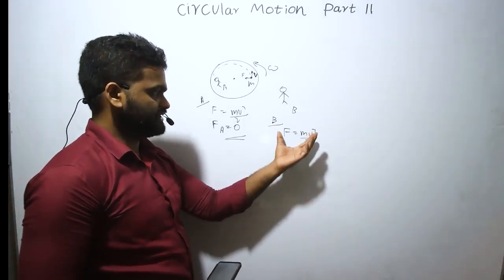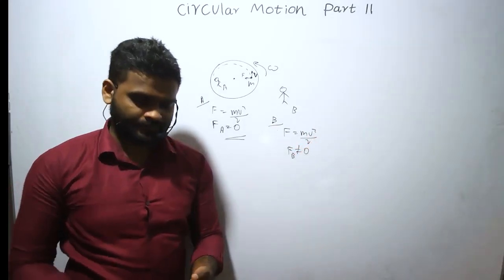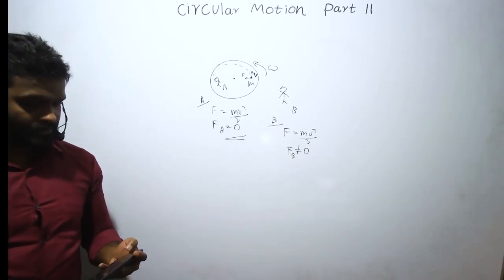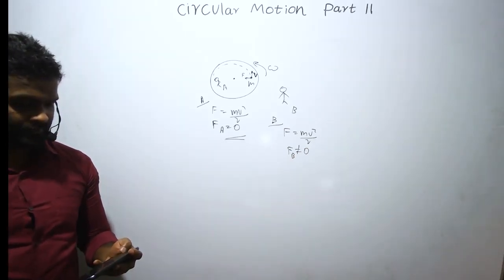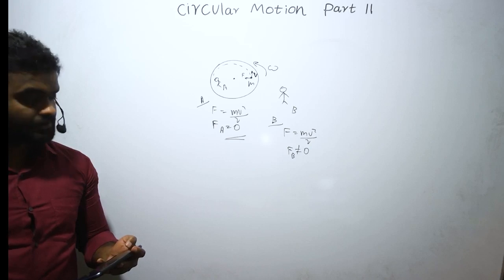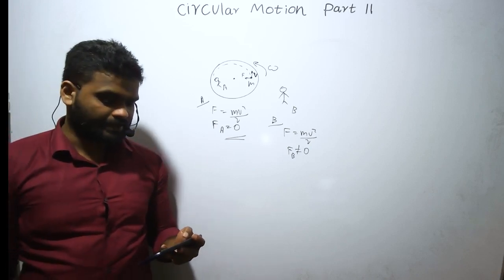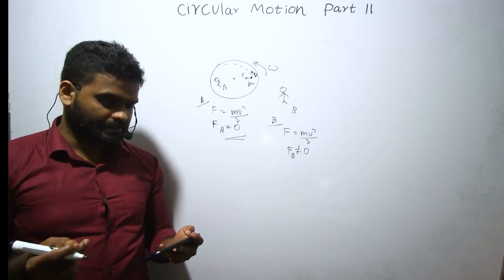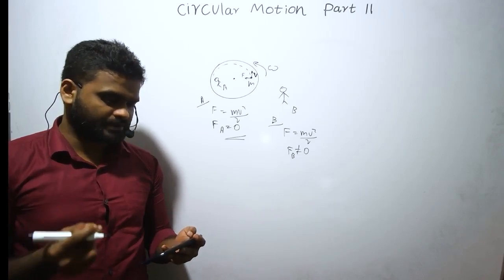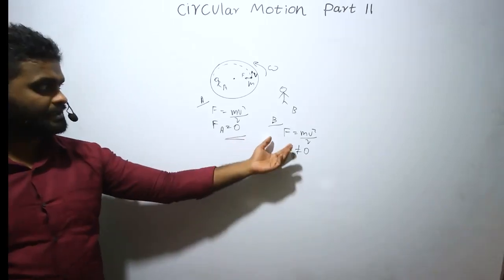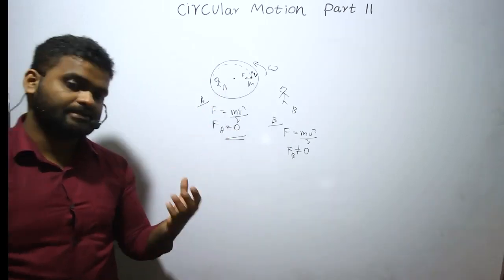It is non-zero. So the answer should be what? 0 according to A, that is correct. And according to B, pointed towards the center. According to B, it is pointed towards the center. According to A, it is 0.